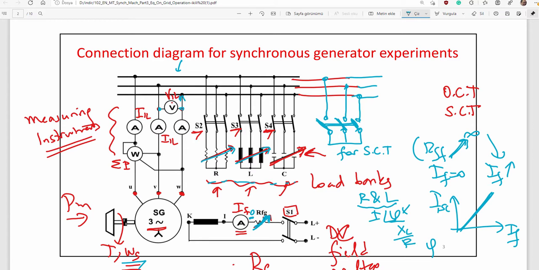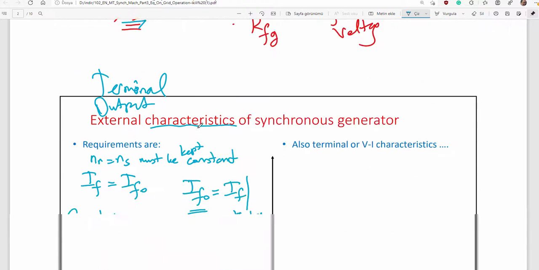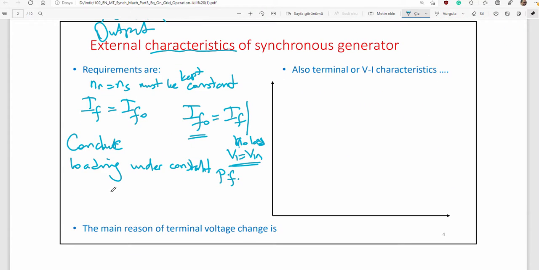So first of all, it is easy to conduct such an experiment. First, apply pure ohmic load, and then apply pure inductive load. Here you see pure ohmic load, power factor is unity.